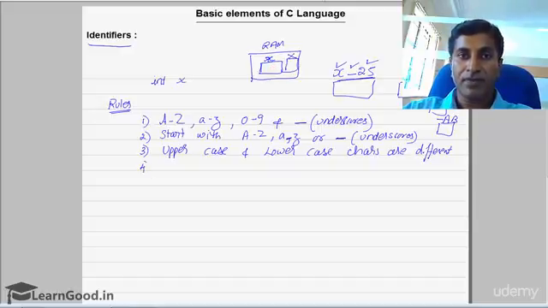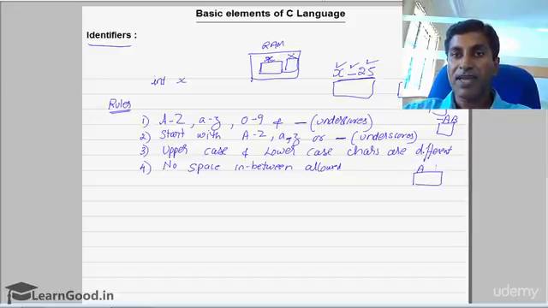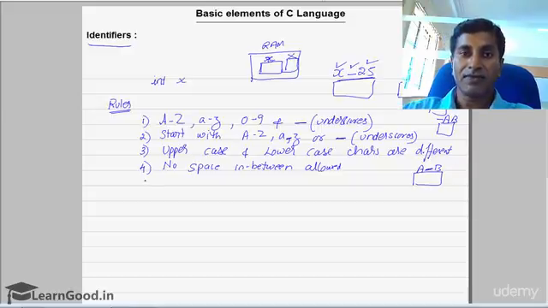Fourth one. In between, no space can be included. No space in between is allowed. That means you cannot give a memory location name as A space B. That is not possible. If you want, you can use an underscore, but not space.